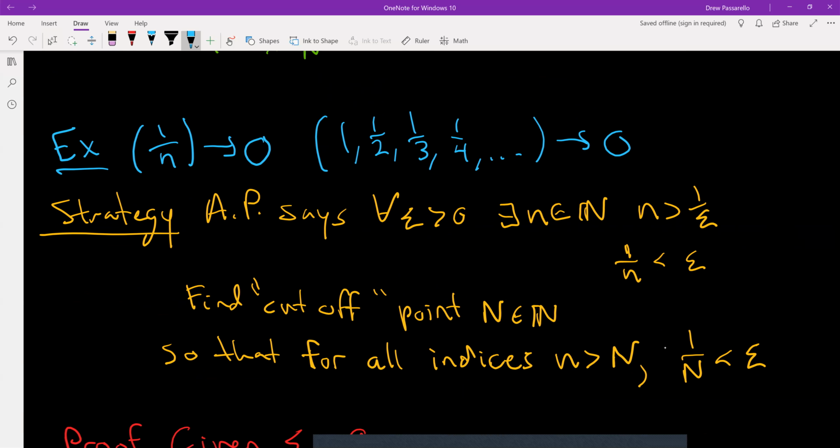And we can take the reciprocal of both sides, and that gives us 1 over n is less than epsilon. So we need to find the cutoff point capital N so that for all indices little n bigger than capital N, we have that the term 1 over n is less than epsilon. That's the strategy here, and I'm invoking the Archimedean principle.